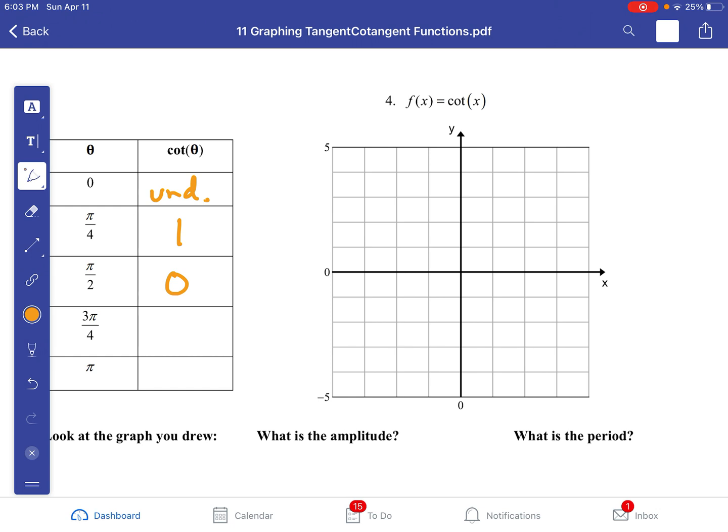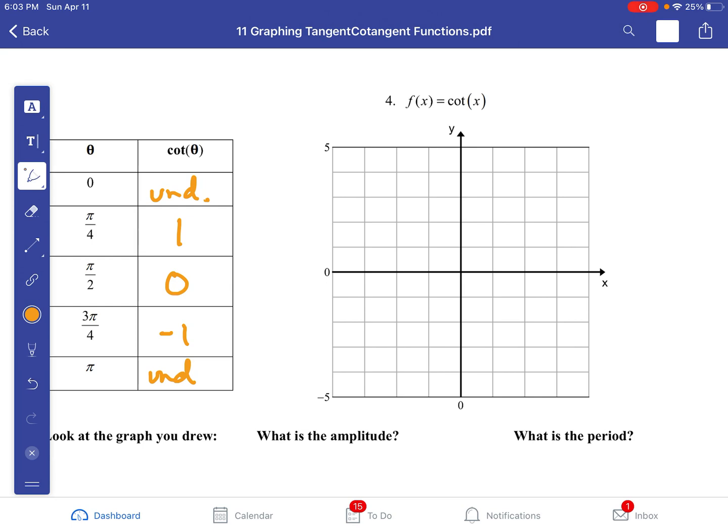At 3 pi over 4, you have negative root 2 over 2 divided by positive root 2 over 2, which is negative 1. And for pi, you have undefined. Okay?